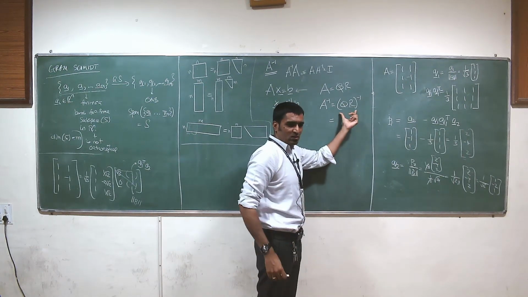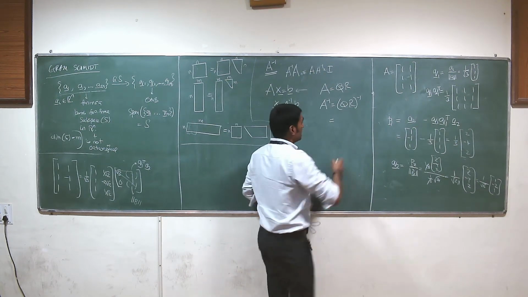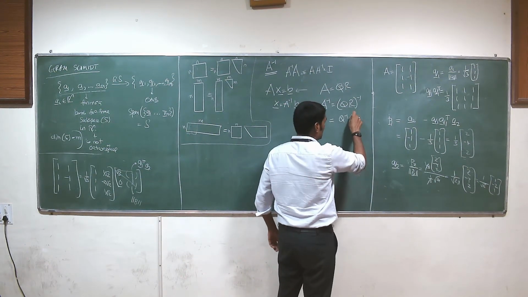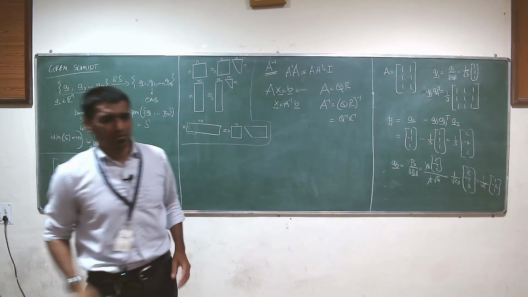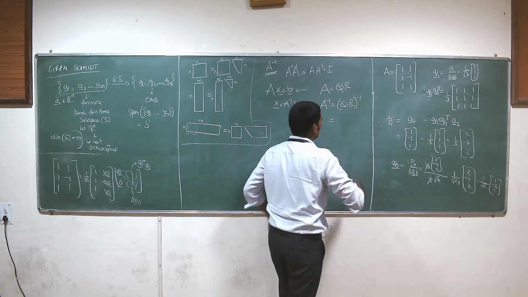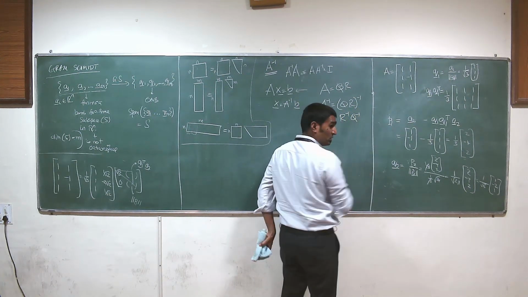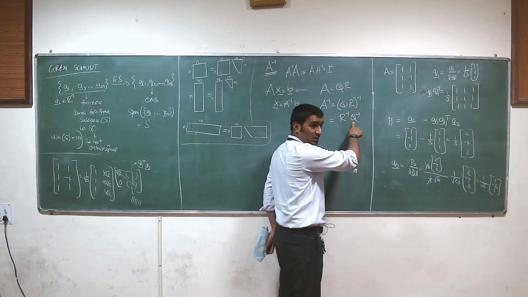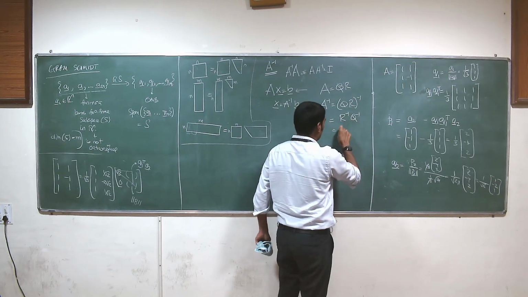How do I take the inverse inside a product of matrices? It's not simply Q inverse R inverse. These are all things you should know by now. You reverse the order: R inverse Q inverse. But we know Q is an orthogonal matrix, which means Q inverse is simply Q transpose.